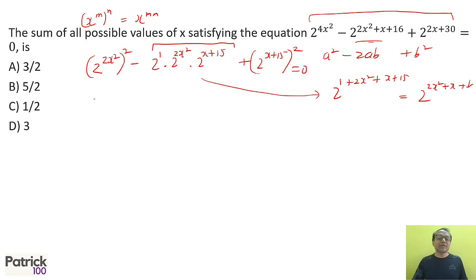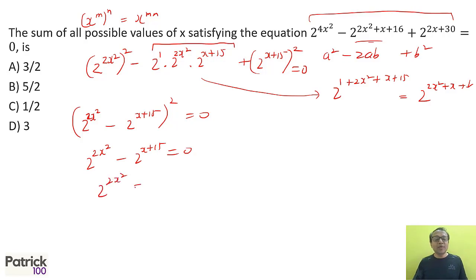So if I rewrite this in terms of a minus b the whole square, it is equal to 0. Which means take a square root, a minus b is equal to 0, or a equals b. Base is same, so power will be same. The 2x square will be equal to x plus 15, or 2x square minus x minus 15 equals 0.